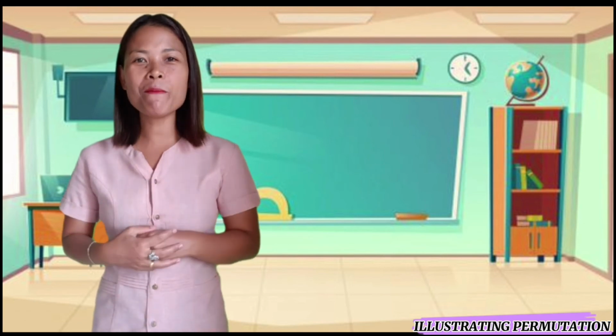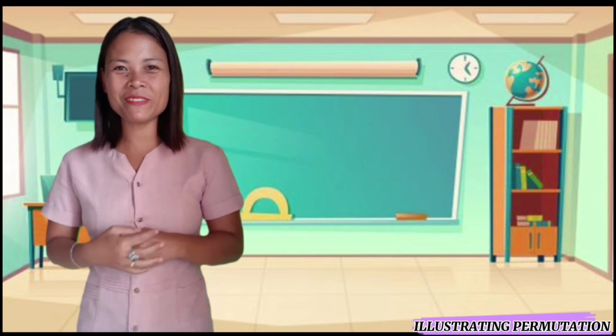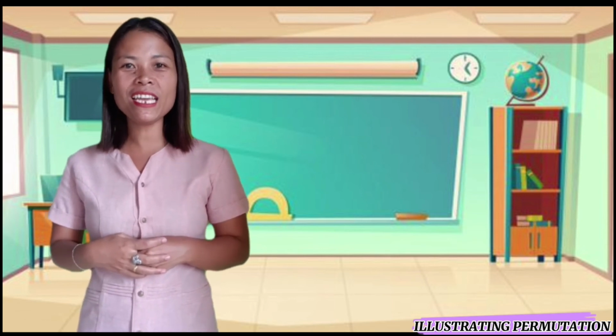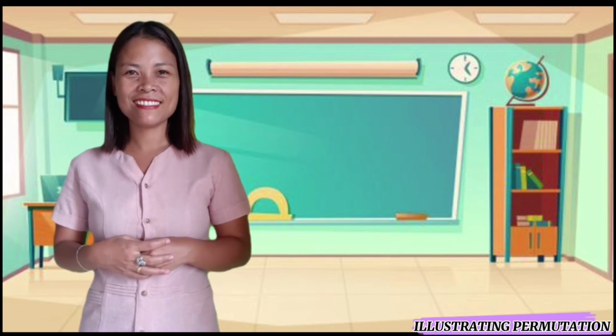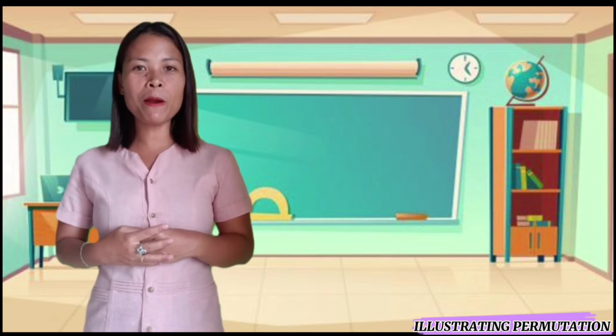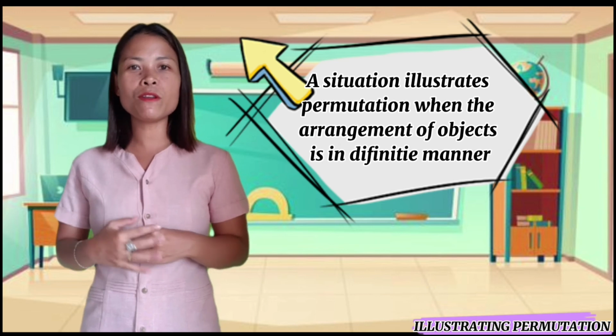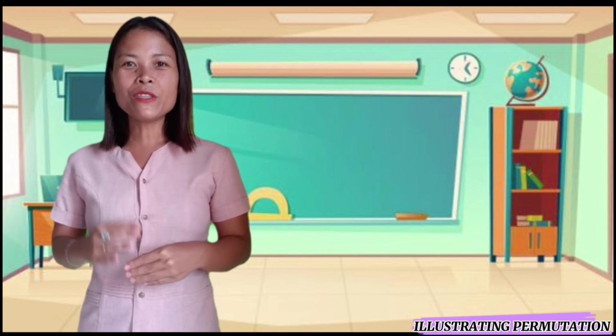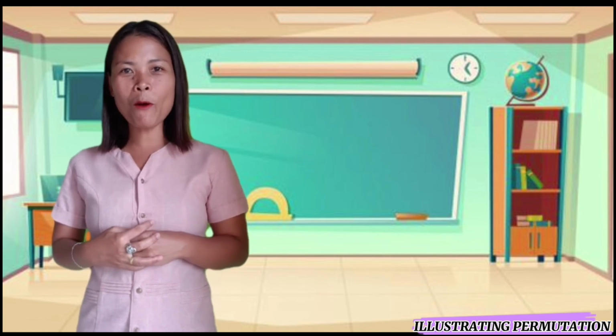And now we are about to end. So let us sum up the lesson. How can we tell if the given situation illustrates permutation? You are right. A situation illustrates permutation when the arrangement of the objects is in a definite manner. The order of the arrangement is important.